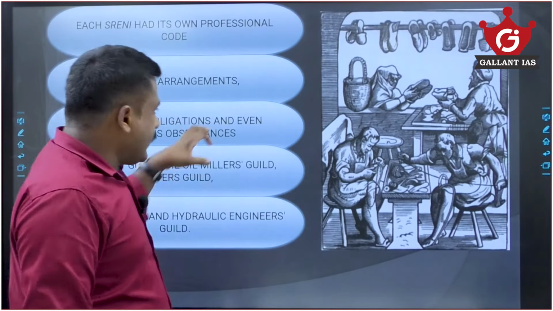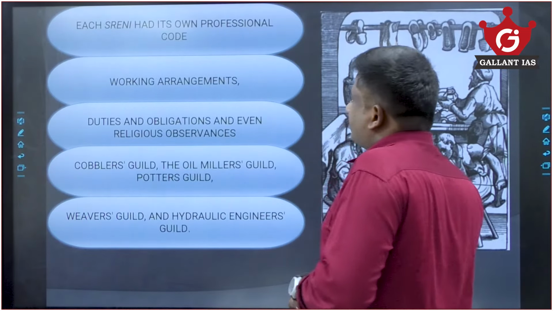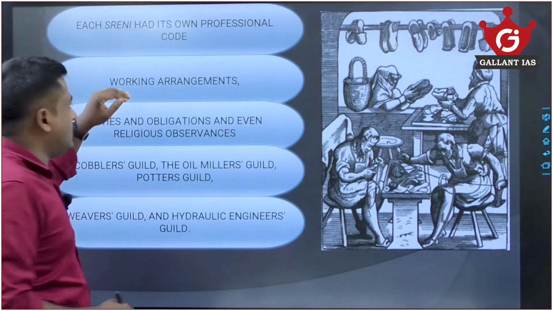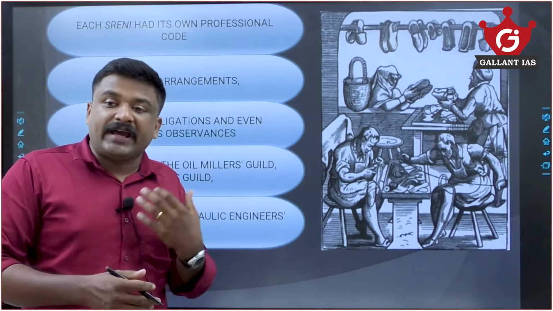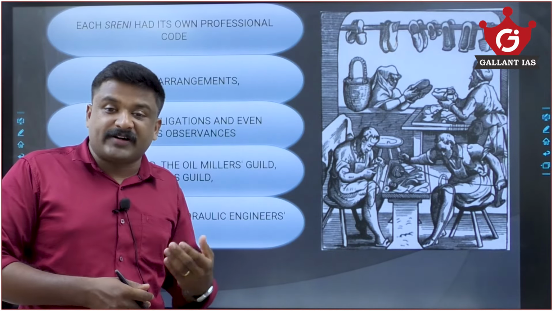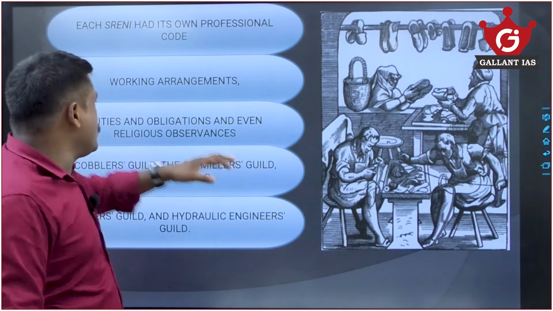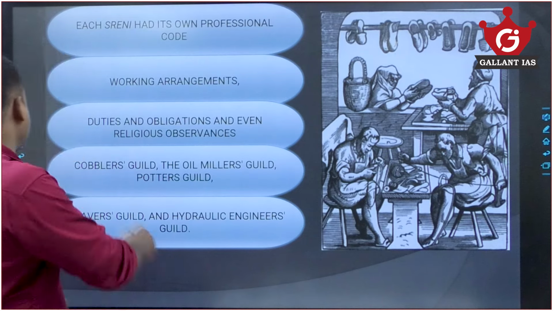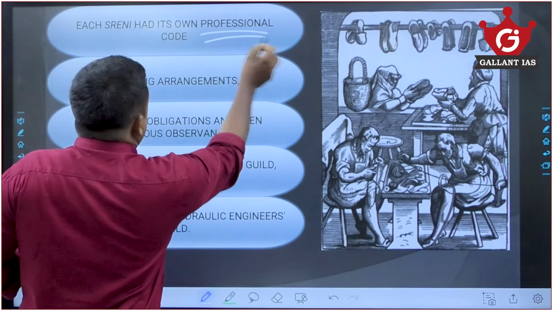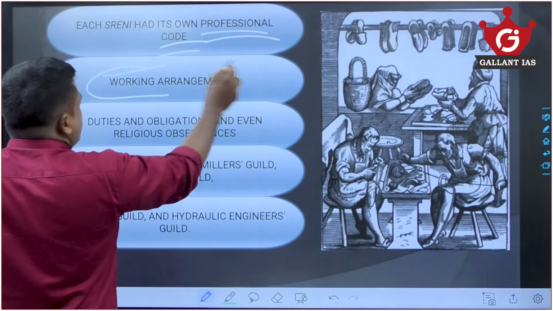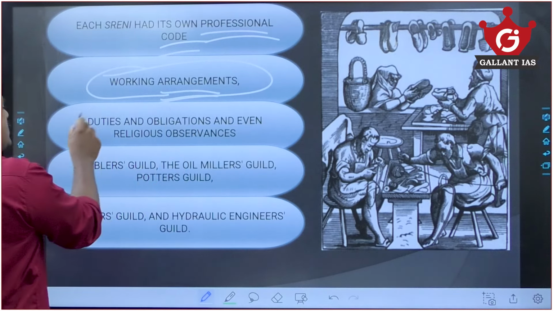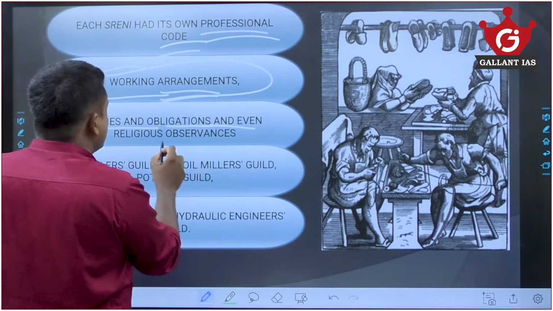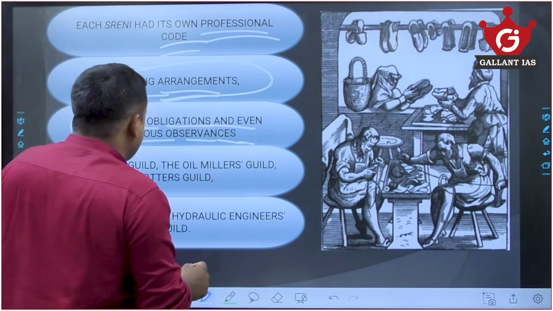Fine. Again coming to this guild, more characteristics of this guild, because this was already asked in the previous paper. Now you see, each guild, each shreni, has its own professional code. It has its own working arrangements, its own duties and obligations, even religious observances.